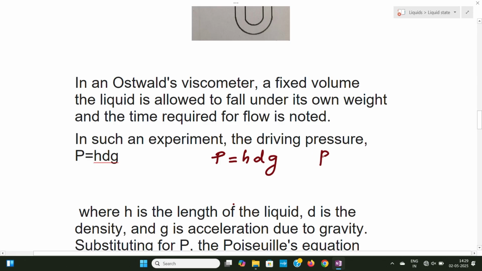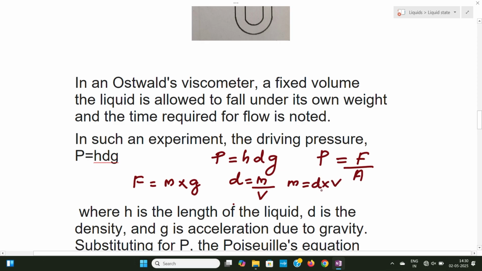We know that pressure is force divided by area. Force is mass into acceleration due to gravity. And density is mass divided by volume, therefore mass is equal to density into volume.